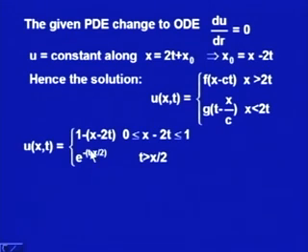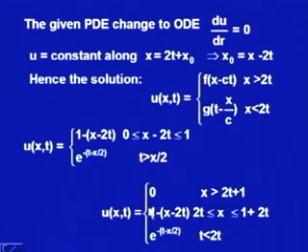So, let us see what this function actually is. x minus 2t is lying between 0 and 1, that says 2t is less than x is less than 1 plus 2t, and it says x is less than 2t. There is some region still left. So, for the region x greater than 2t plus 1, it would be 0.